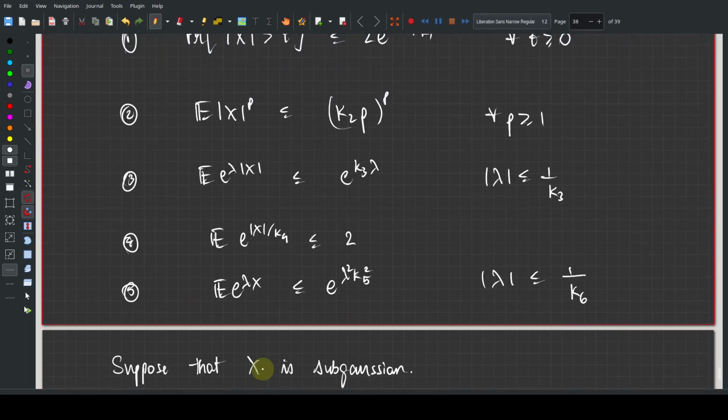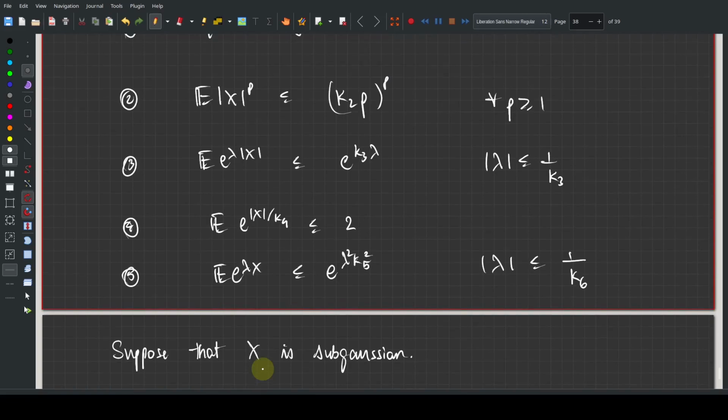Yes, I can use again something even simpler. I can just use the fourth condition. Right?